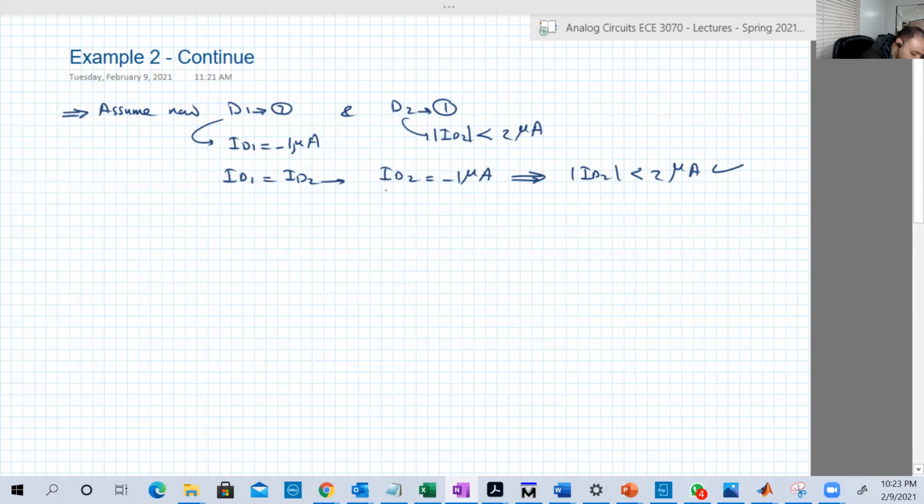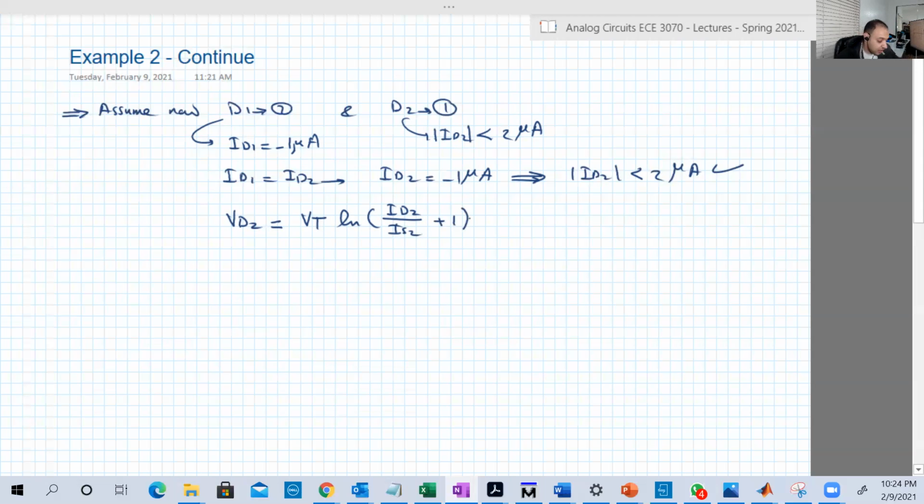So ID2 now is minus 1 microampere. So can we get VD2? Yes, we can. Guys, you have to convert ID equal to IS e to the power V over VT. So VD2 is equal to VT ln of ID2 over IS2 plus 1.